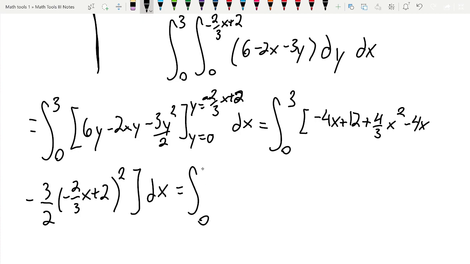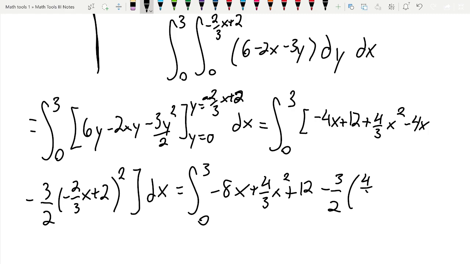So we can combine what we have to negative 8x plus 4/3 x squared plus 12. So this one minus 3/2 times 4/9 x squared minus 4/8, right? X plus 4.